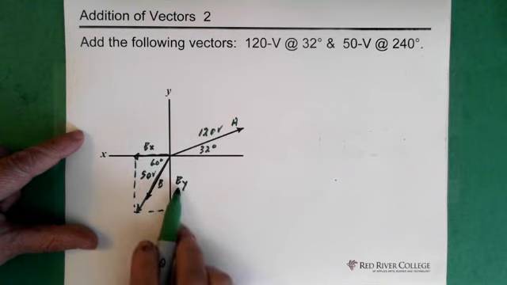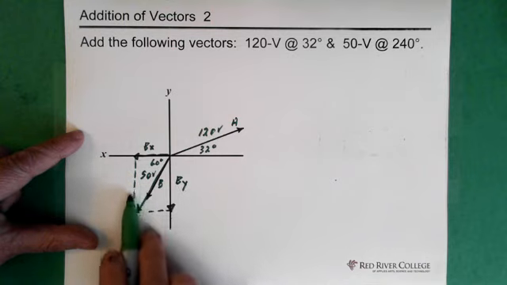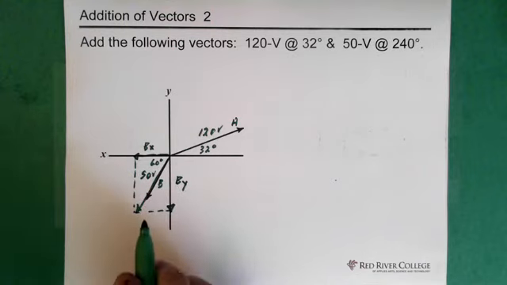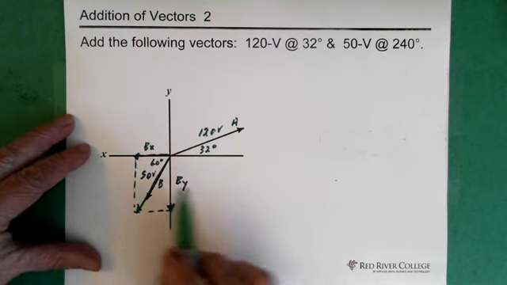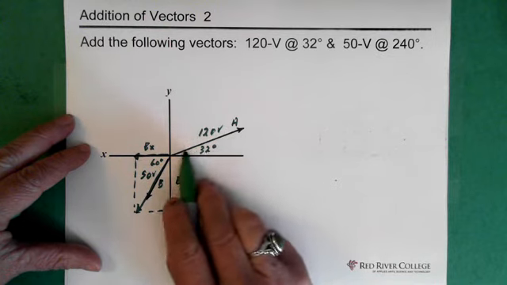When we're solving for BY, we'd be solving for this side of our right angle triangle.